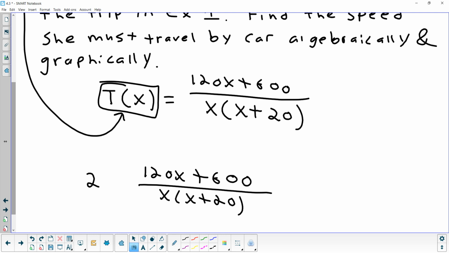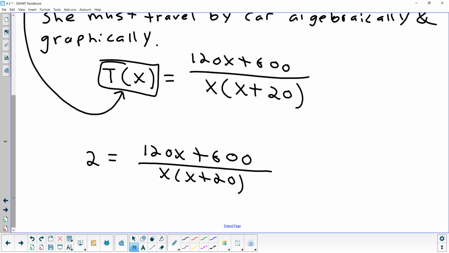Let's do this algebraically first. What could I multiply both sides by so I don't have a fraction anymore? Just looking for something I could multiply both sides by so it gets rid of my fraction. Sarah?